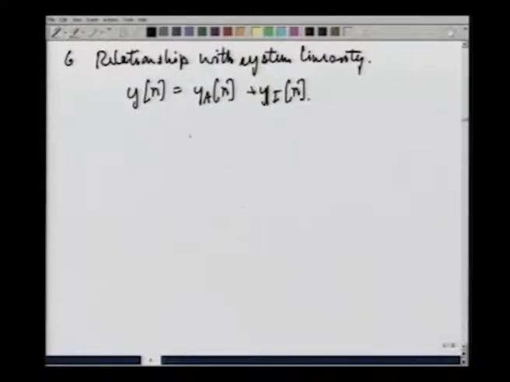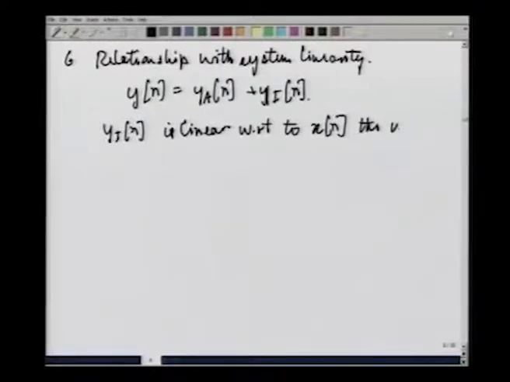So, now we have this, then it becomes abundantly clear that y_I[n] is linear with respect to x[n], the input.